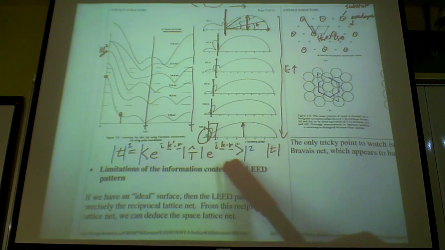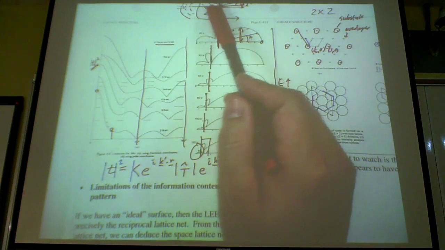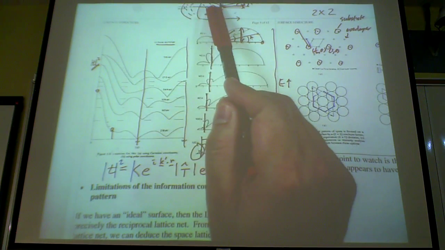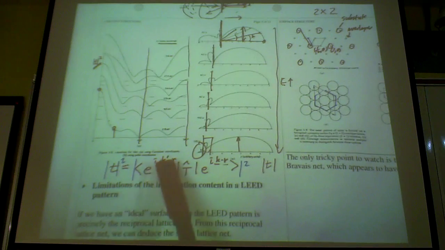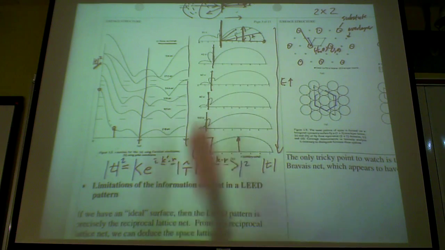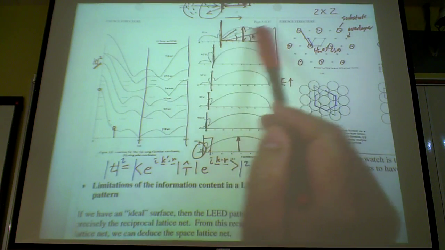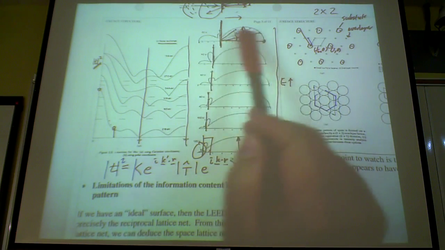So the incoming wave of this electron beam coming in this way, in green, you write in terms of a plane wave, e to the i k dot r, and this is the outgoing wave, e to the i k prime dot r. Right? So this is either the ingoing forward scatter or backward scatter.